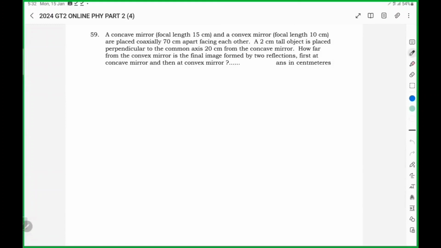Mirrors of different focal lengths are placed 70 centimeters apart facing each other. So let us take the concave mirror. Inside is the reflecting surface, it is silvered.